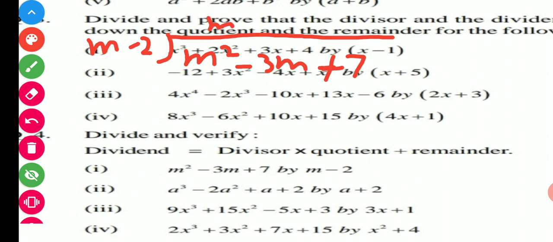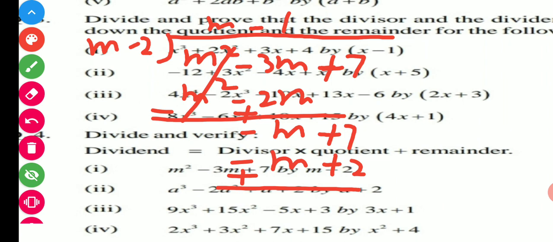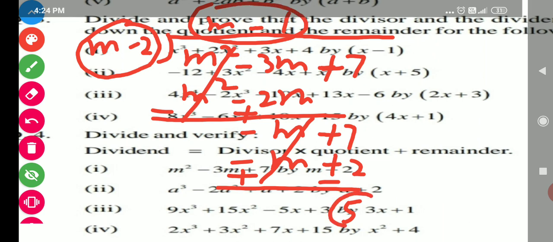So first of all it will be m times, so m square minus 2m, change their sign, cancel out m square, so it becomes minus m, and plus 7, so only minus 1 times, so it is minus m and plus 2, change their sign, plus and minus, it will cancel out, so we get here 5. That means m minus 1 is the quotient, and remainder is 5.